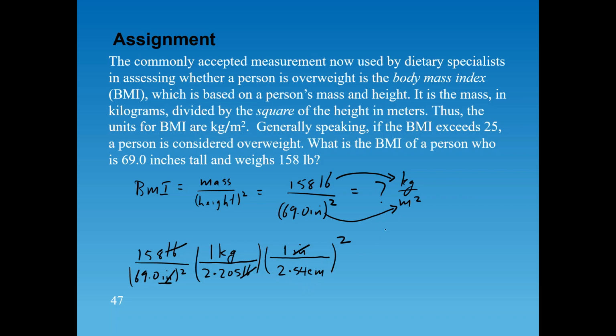But we cannot stop there because remember the aim is to get to meter squared. So the next step would be that I would, in this conversion factor, write down one that is representing the relationship between the meter unit and the centimeter unit. And we know that 100 centimeters is equal to 1 meter. So I'll put 100 centimeters above as a numerator and 1 meter below as a denominator.